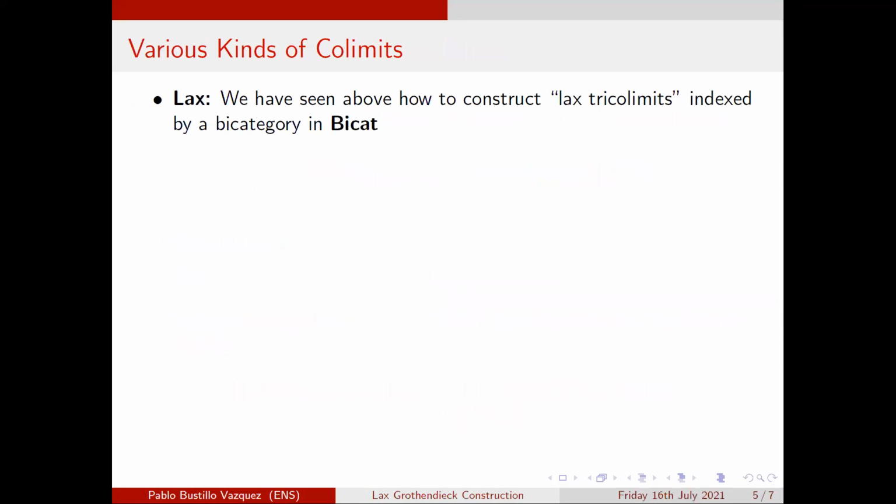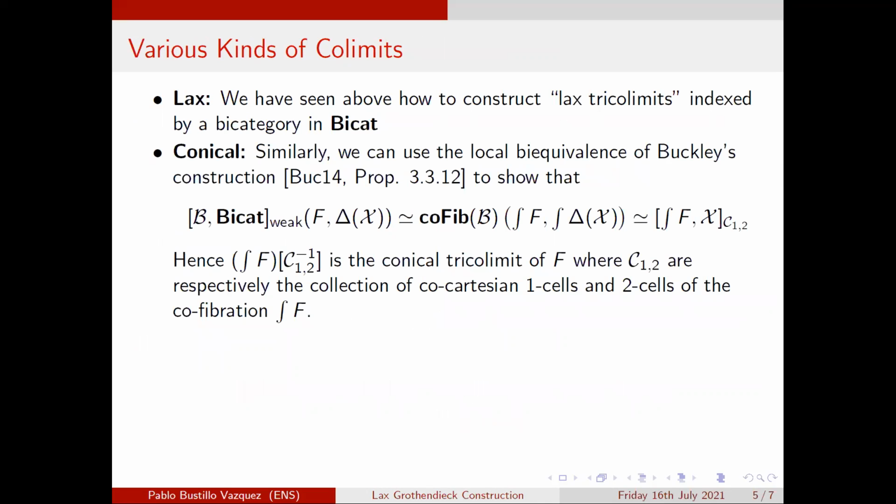That's an interesting result, linking the Grothendieck construction in dimension two to lax tri-colimits, but you can push it a little further. Combining this key observation with Buckley's results allows you to introduce conical tri-colimits.